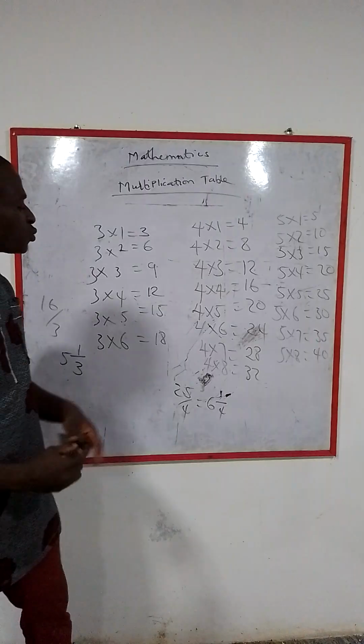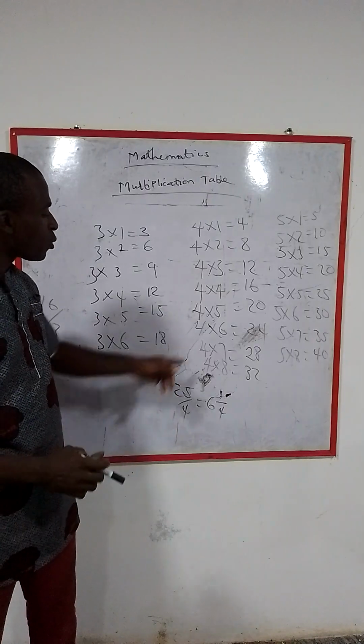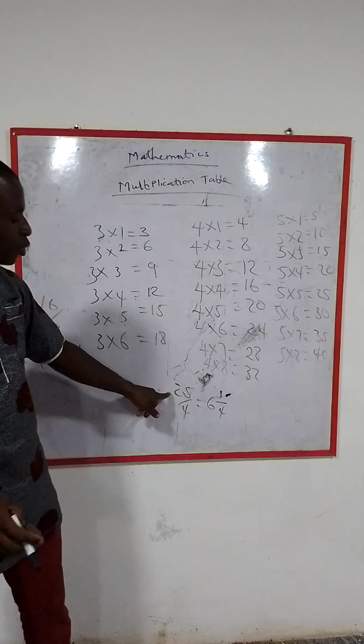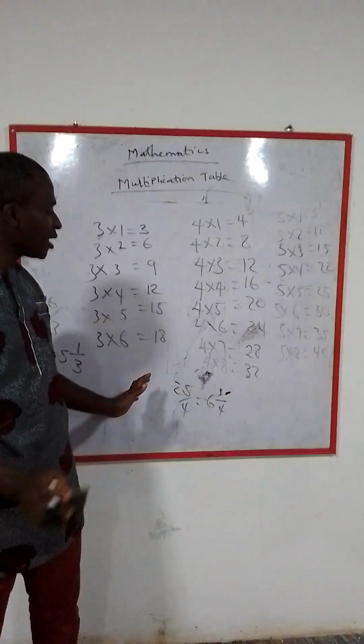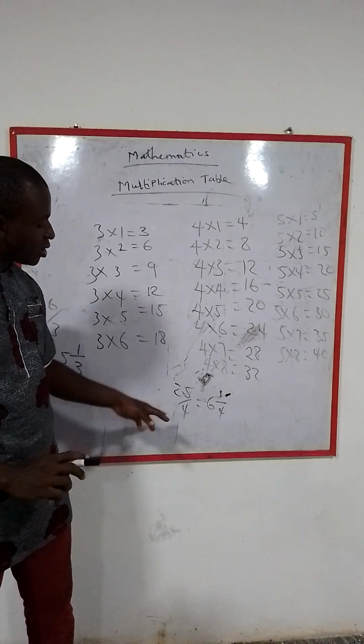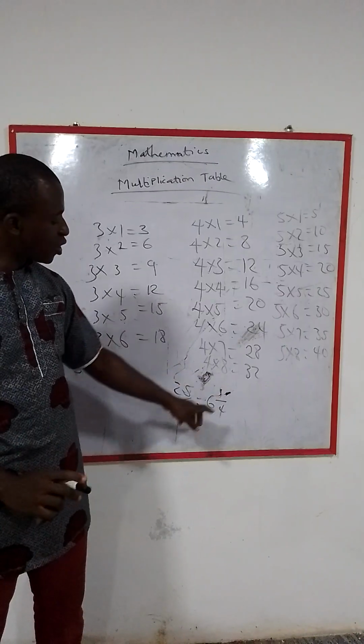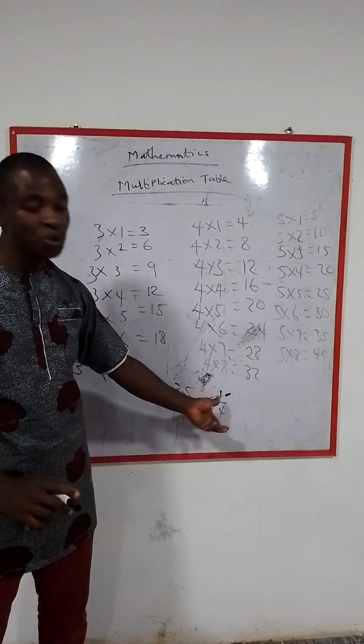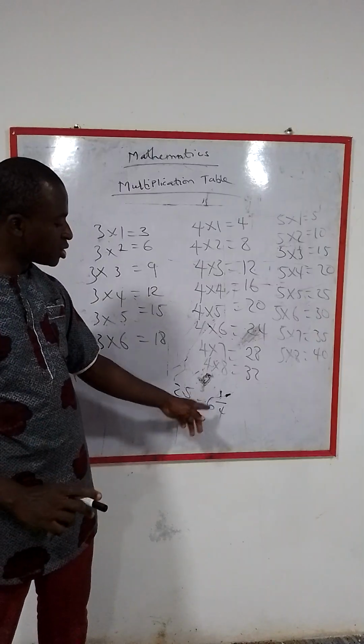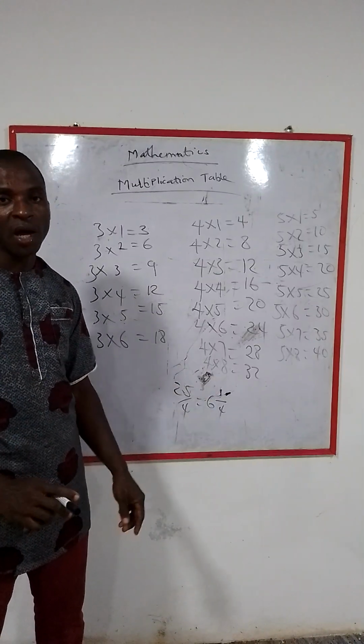It will go 6 times because the next multiple would have been 28, which is more than 25. So it's very clear, without any argument, that 4 can go into 25 6 times with a remainder of 1. If you want to express this fraction in another form, which is called a mixed fraction, it's actually 6 whole number 1 over 4.